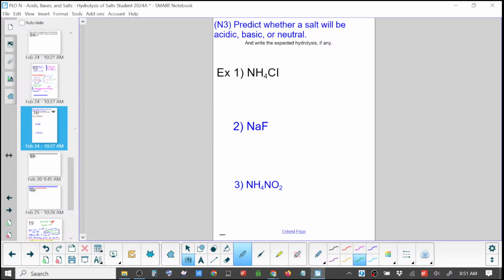The first one was. Oh, you've missed something on the plus. It's missing the plus sign. You need to check your charges, yeah, absolutely. And then you need to say if it's acidic or basic, which you did, so that's good. And you've got number 2, excellent. And then number 3, you need to do something. Oh, how do you know that number 3 is neutral? If you think it's neutral, I want you to prove it.